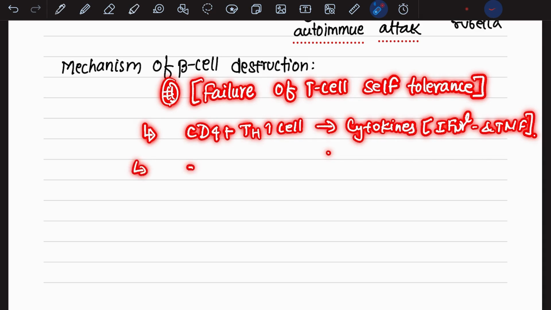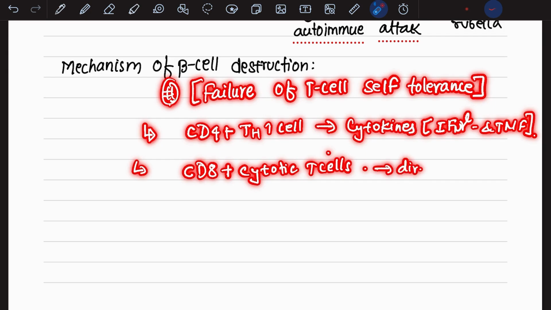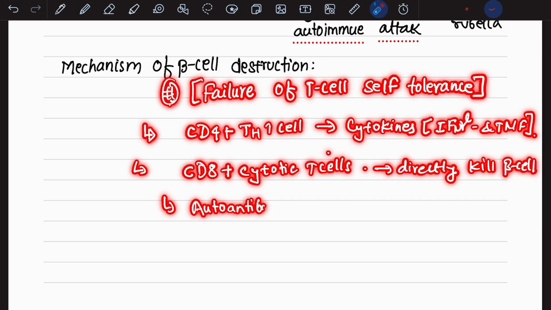Next is CD8, which is cytotoxic in nature. Cytotoxic T cells directly kill the beta cell. Next, there can also be autoantibodies against insulin, and against enzymes like glutamic acid decarboxylase.